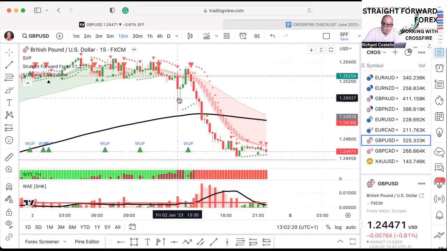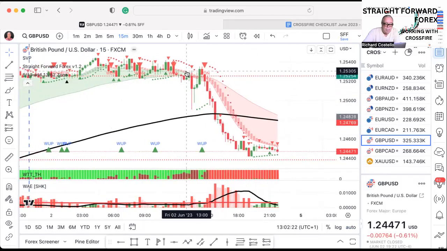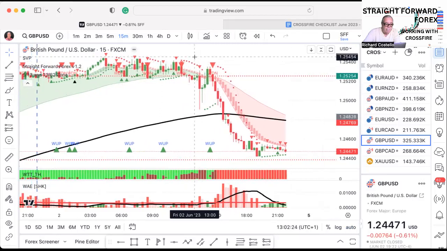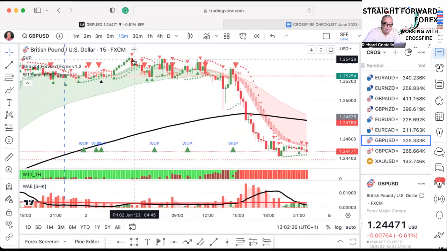And equally, if that was the, well, we'll try and find the high point. That was the high point of the day. So if we're getting in for a buy, there would be a dashed line across there, and I would possibly use that as a take profit.